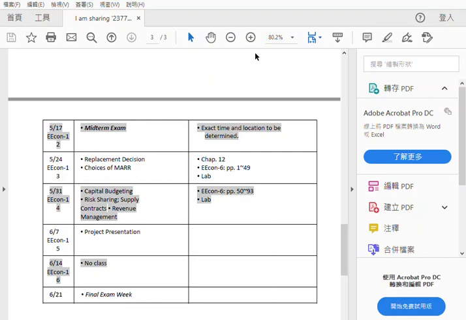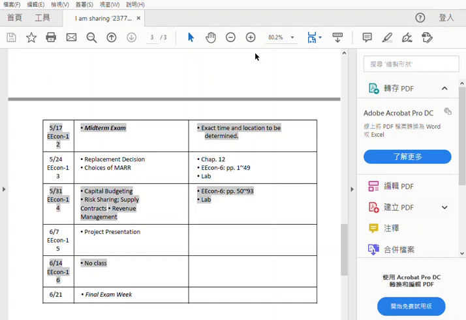And we'll do project presentation on June 7th. Again, June 14th will be another holiday. It's the Dragon Boat Festival, the rice dumpling festival.